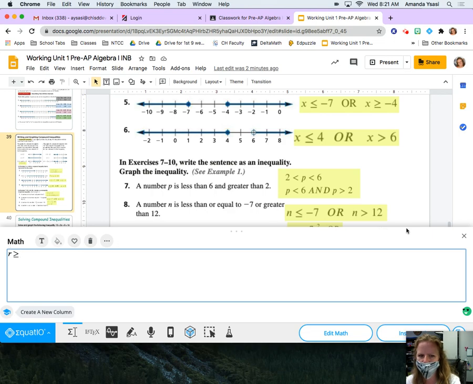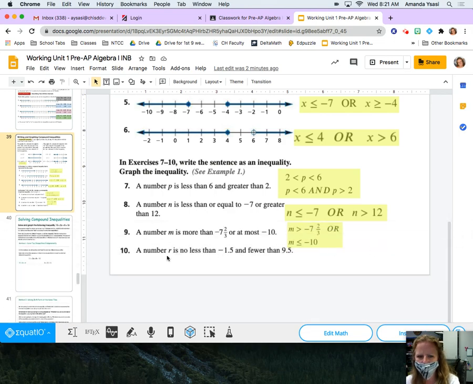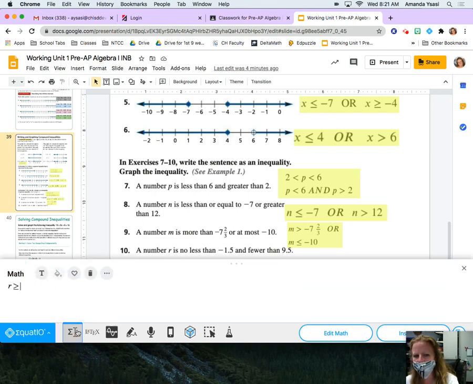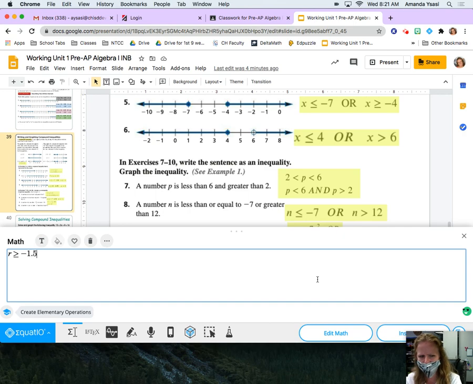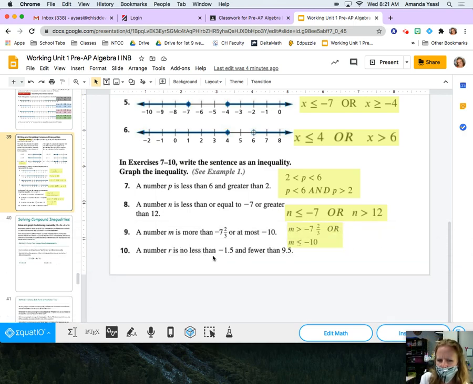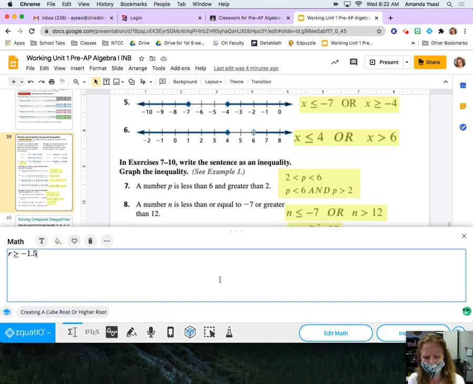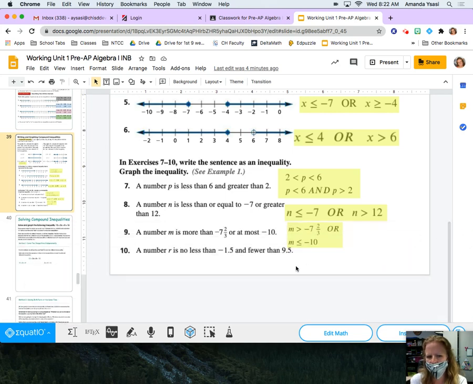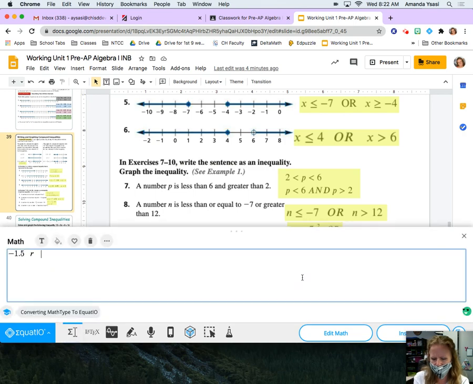Greater than or equal to, it's no less than, so it has to be greater than or equal to negative 1.5. Is that the number? And fewer than 9.5. So it's an and. So should I do the R in between? Because I can do the compound inequality like that. Fewer than 9.5.